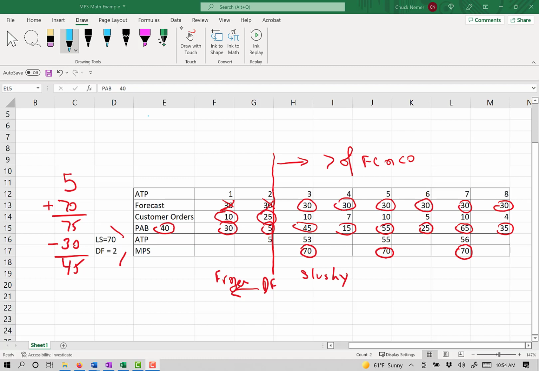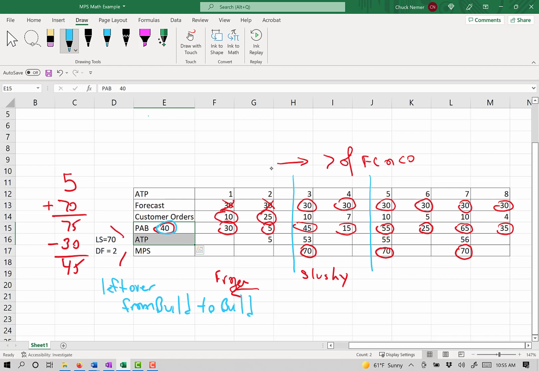So now let's look at the available to promise. I'm going to get rid of this line here real fast. Available to promise, by definition, at simplest, we could say is leftover from build to build. So if we look at this 40 we have on hand, it has to last until the next build of 70. The 70 we're going to receive in period 3 has to last until period 5 comes to stock.